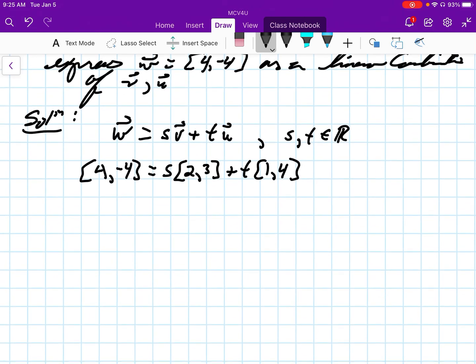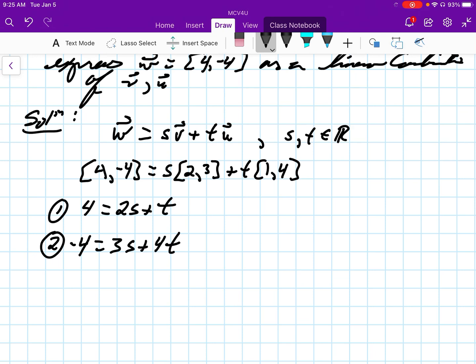Well, if the left side is equal to the right side, because they have to be equal vectors, the components must be the same. We then come up with two equations, one for the x component, so that would be 4 equals 2s plus t, and one for the y component, -4 equals 3s plus 4t. All right.